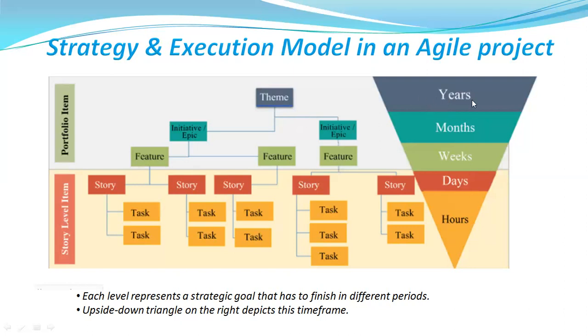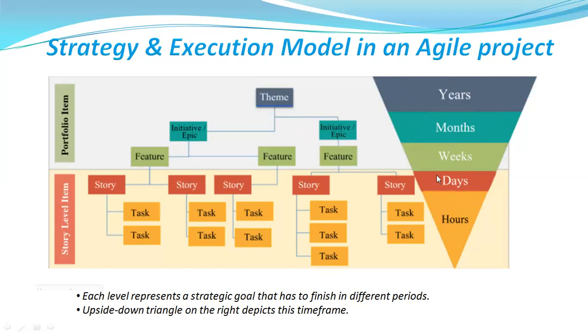This is like a legend. Whatever is mentioned here in this color will take years to complete. Whatever is in this green color may take months, and whatever is in this light green color may take weeks to complete.